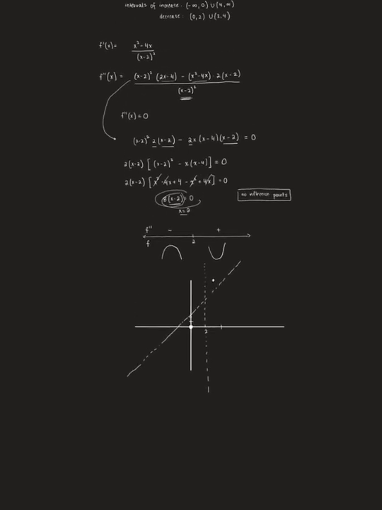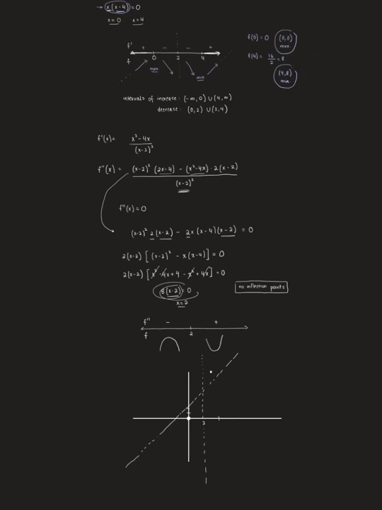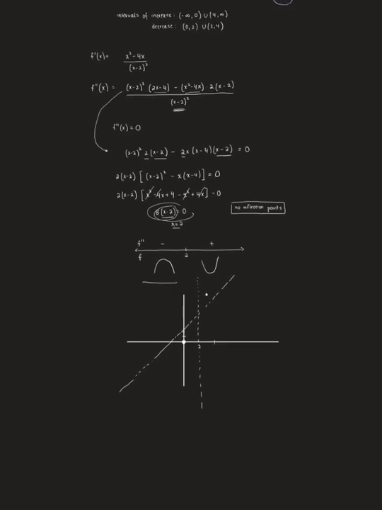And then if we think about increasing and decreasing, increase towards 0, decrease after, and concave down before 2. So here's what's happening. This goes like that, increases, decreases after, and concave down. And there's our slant asymptote, and there's our vertical asymptote.